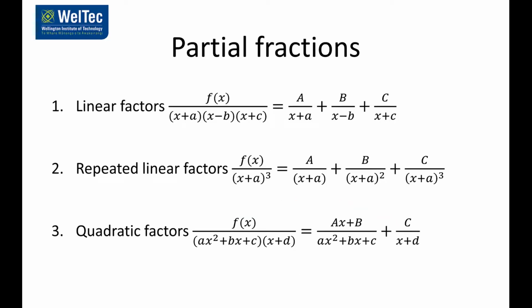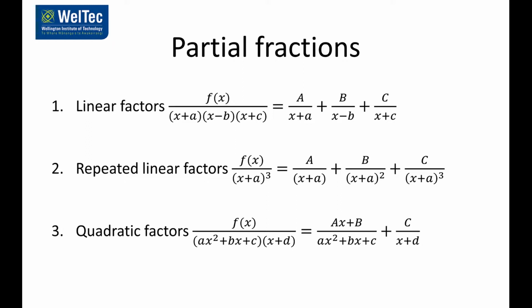Just to start off with, though, with linear fractions, there are rules, ways you recognise how to break them up, how to decompose them, that's the correct word. If you've just got 2, 3, 4, however many linear factors on the bottom, then you break it up as a number over each of the linear factors.